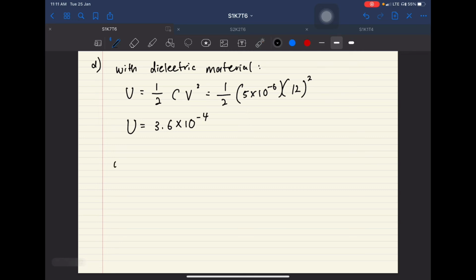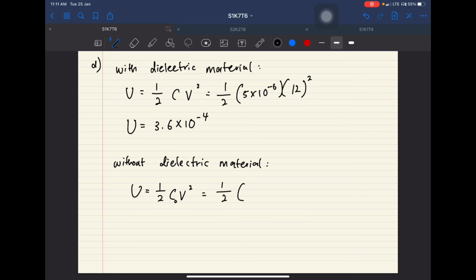So without dielectric material, your U, you still use the same formula, except that you use C naught and you have to use the V when the dielectric material is removed.